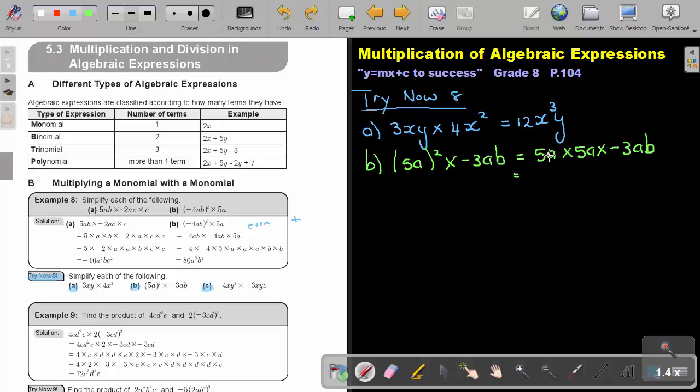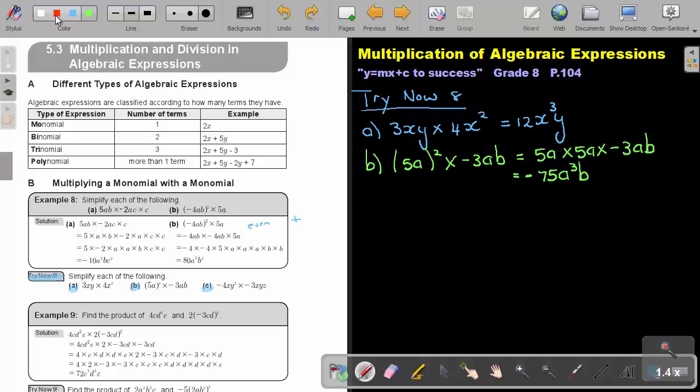And if I simplify, how many negative signs do you see? I see 1. And if it's an odd number, the sign will be negative. So 5 times 5 is 25. Times 3 will be 75. And look, a. So it will be a to the power of 3 in index notation. And then I will see my b.